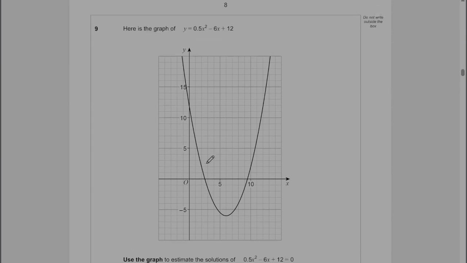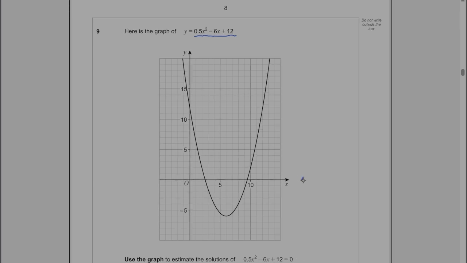Okay, question 8. Here is a graph of 0.5x squared minus 6x plus 12. I use the graph to estimate the solutions of. I always find that I need to read these carefully. So we want where it intersects with the line y is equal to 0, which would be this line here.